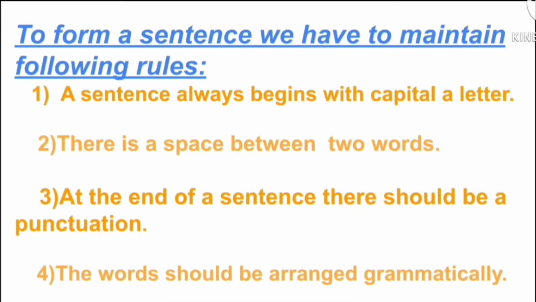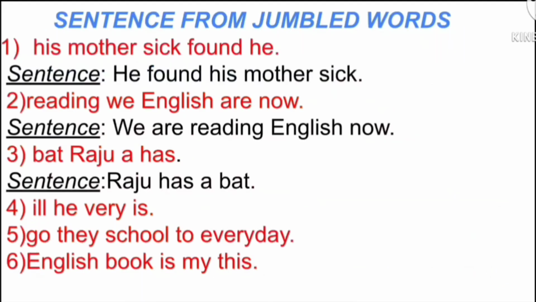And thirdly, at the end of a sentence there should be a punctuation, maybe a full stop, maybe a question mark, maybe an exclamation sign. Any one of these has to be there at the end of a sentence. And fourth, the words should be arranged grammatically. I have given you the assertive sentence grammatical combination, that is it.